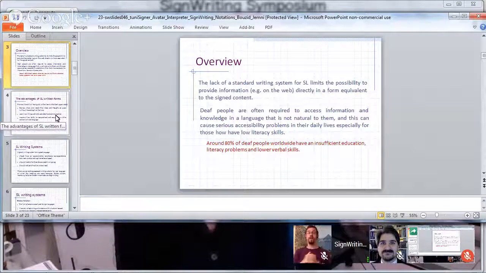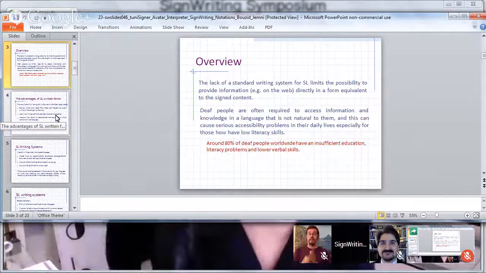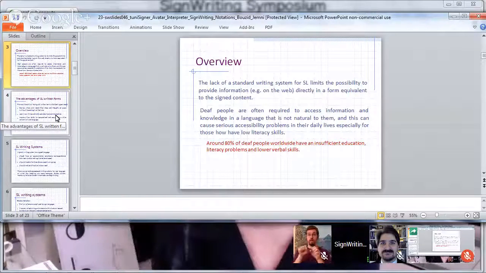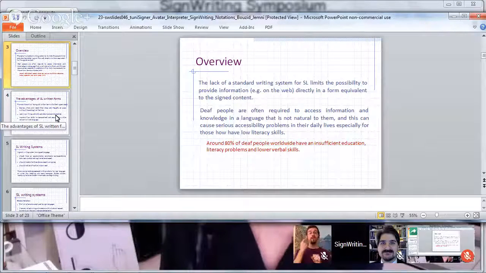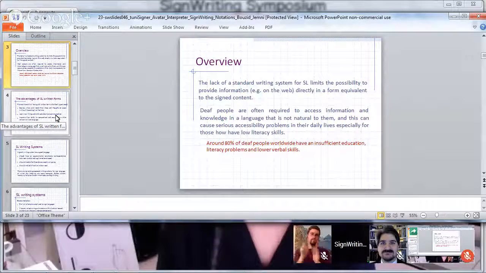The lack of a standard writing system for SL limits the possibility to provide information, e.g. on the web, directly in a form equivalent to the signed content.